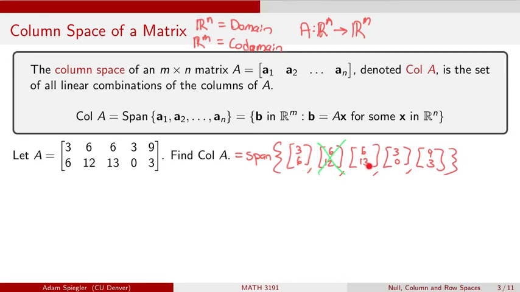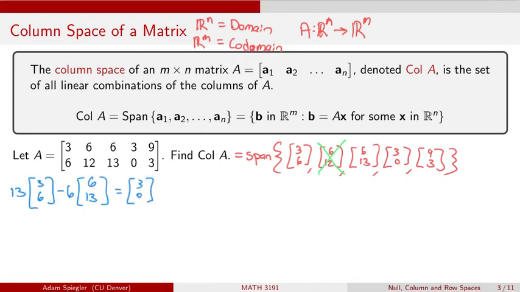This vector (6, 13) is not a scalar multiple of the first one. So by taking linear combinations of (3, 6) and (6, 13), we can get some additional vectors back. And the question is, well, do I need all of these vectors to write out the column space for matrix A? And we don't. We've already seen that this is a duplicate over here. And so what about the next vector (3, 0)?